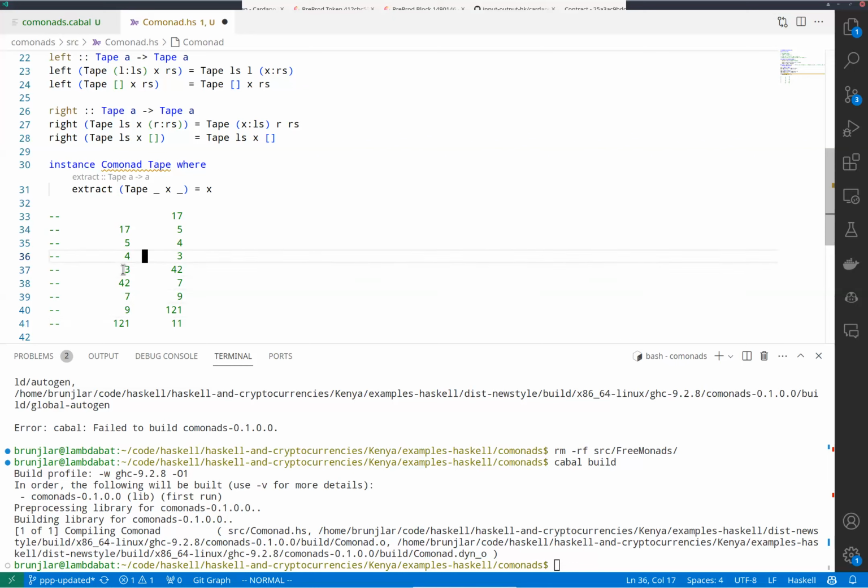And here we would shift in the other direction. So it would be 5, 4, 3, 2, 7, 9, 11.